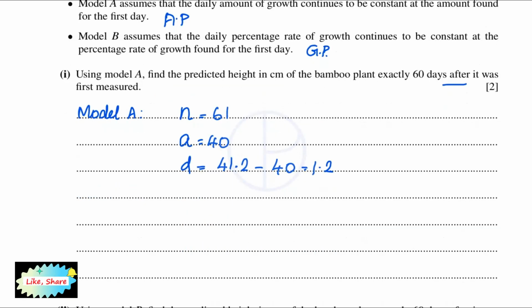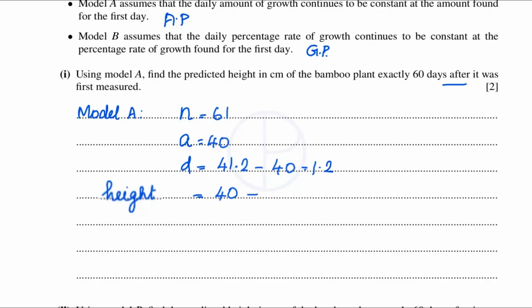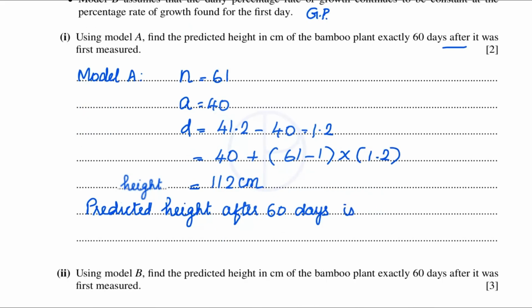So 60 days after, the predicted height is, we'll use the formula, 40 plus n minus 1, which is 61 minus 1, times the difference 1.2. On simplifying this, we get the value as 112 centimeter. So the predicted height after 60 days is 112 centimeter.